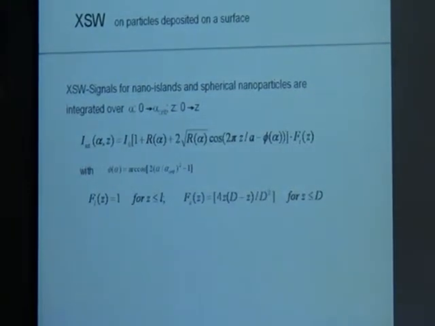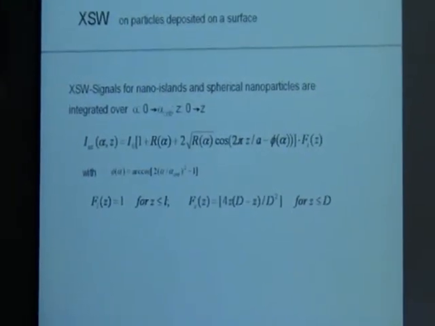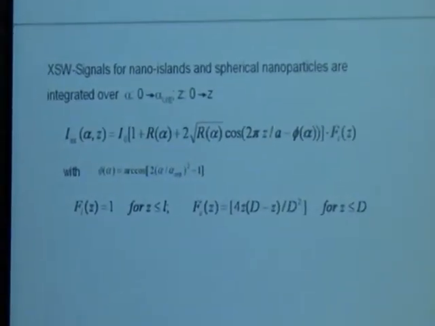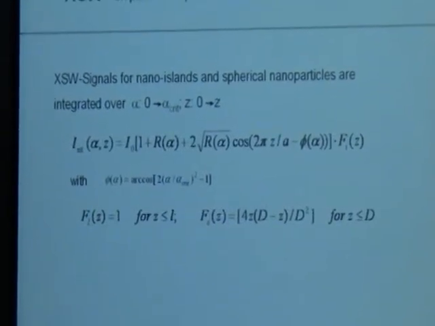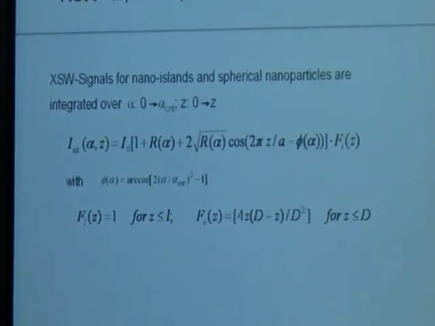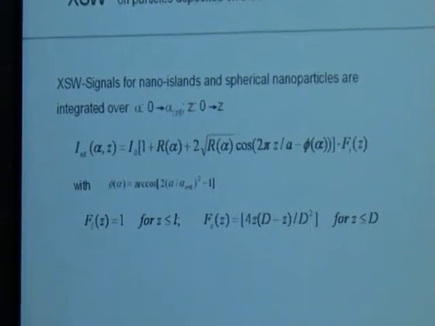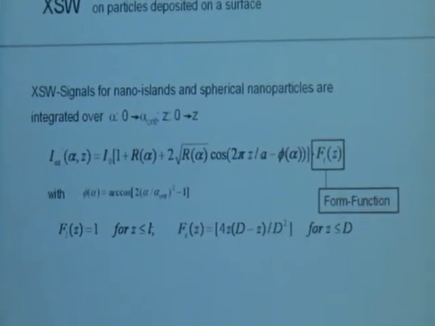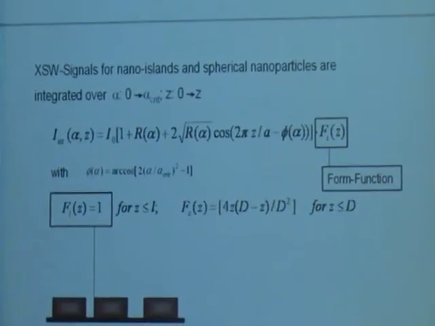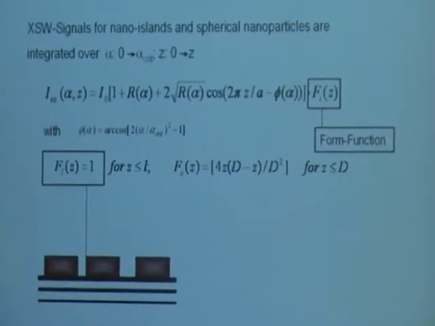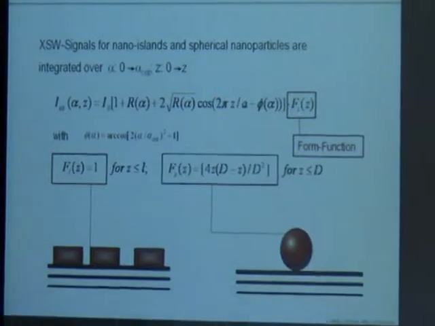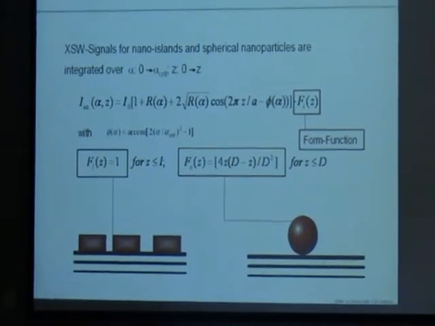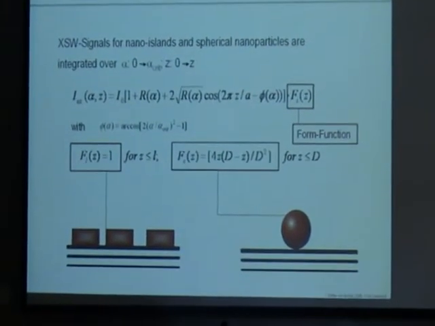We go on. Not only here do we have problems for the characterization of the system. We normally use this equation here, and we have to introduce a new function, the form function of the particle. This is one in the case of some crystals or some islands, and this is different for a sphere, for example.